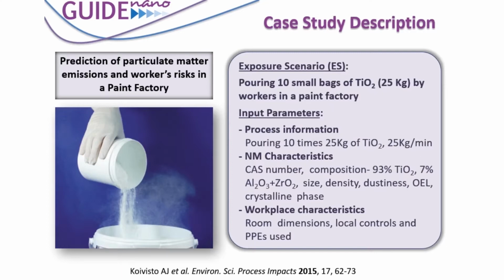The relevant data that we will use in the tool for running this case study is about the specific exposure scenario that we are focusing on: pouring 10 small bags of titanium dioxide by workers in a paint factory.